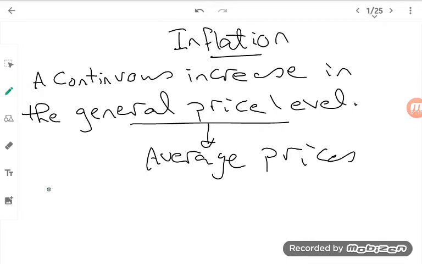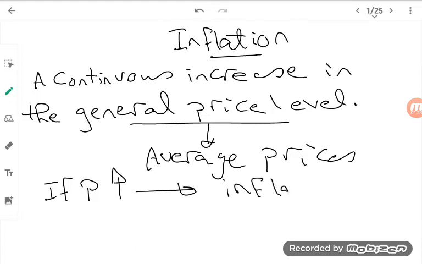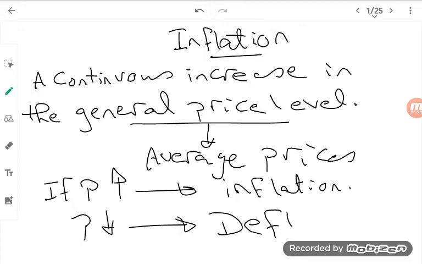So if prices increase, this is inflation. If it is decreasing, this is known as deflation.